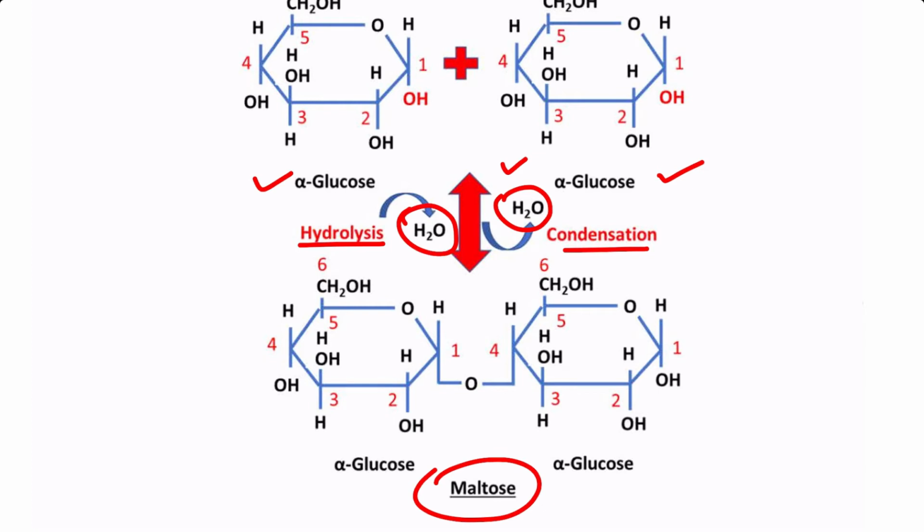That's why this is a dehydration reaction where 1 molecule of water is released, and it is called a condensation reaction. And here also you can see that if you add 1 molecule of water to maltose, it will be hydrolyzed and 2 alpha glucose units will be produced. So it is the rehydration, or addition of water, and this is called a hydrolysis reaction.